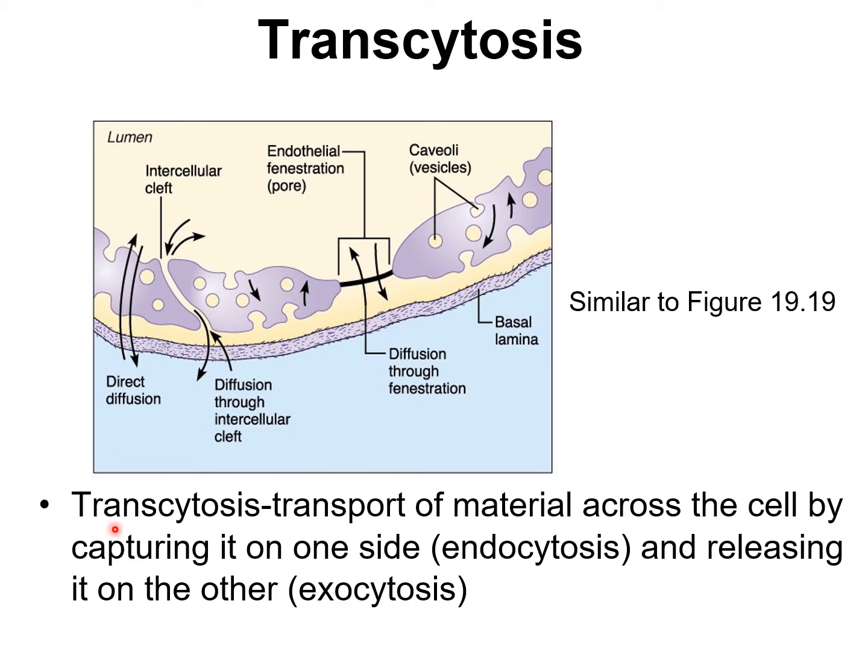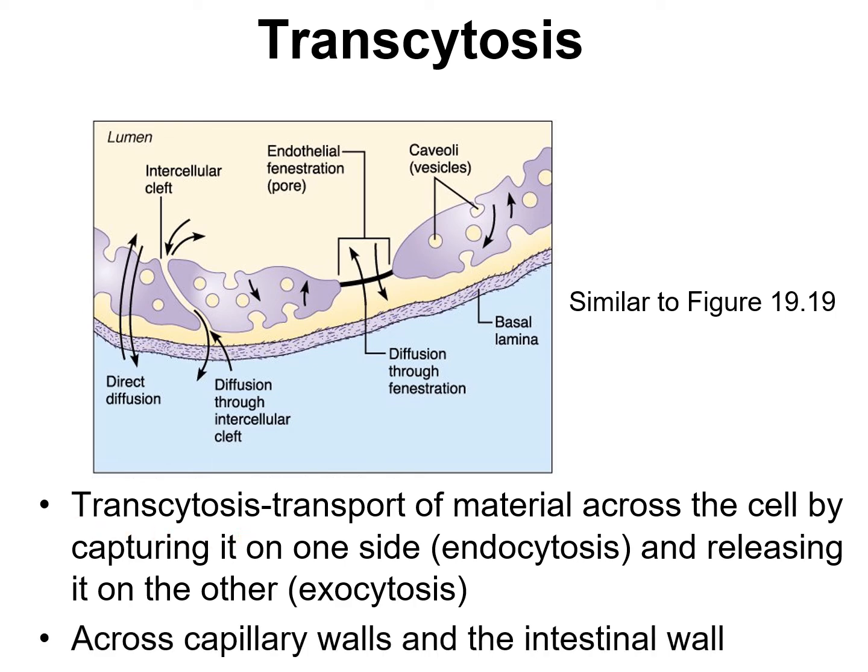That is transcytosis. Some locations where this occurs are the capillary walls and the walls of the intestines. You'll see examples of transcytosis in AMP2 when you study the cardiovascular system and the digestive system.